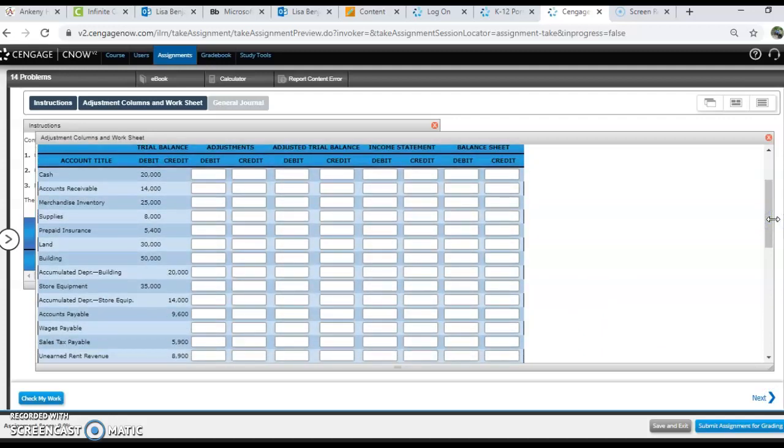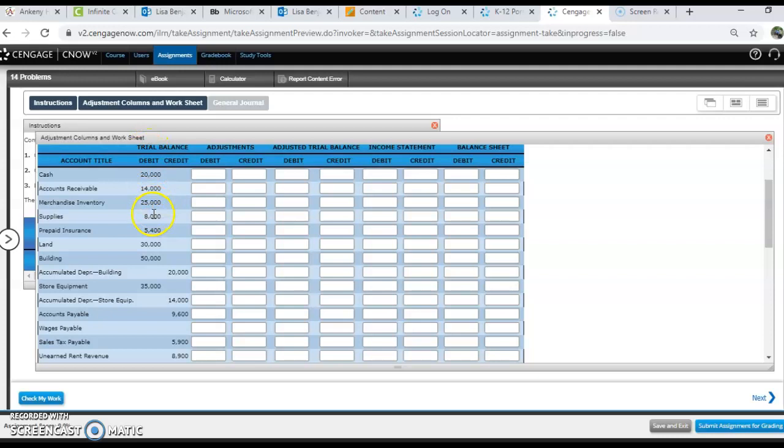So here we have our worksheet, and the first step is to deal with merchandise inventory, and that's the new piece. We haven't had merchandise inventory, but we're a merchandising business, so now we're having to deal with it. The first adjustment is to remove this beginning balance in merchandise inventory.